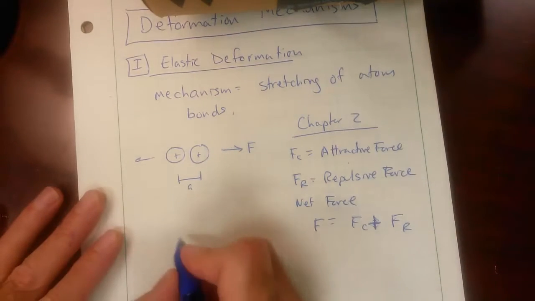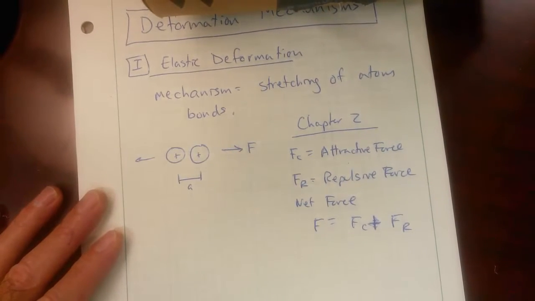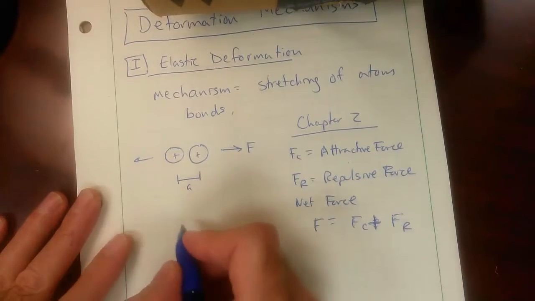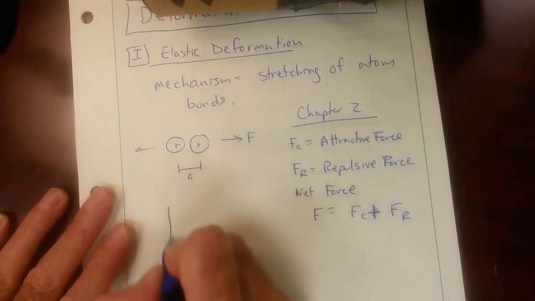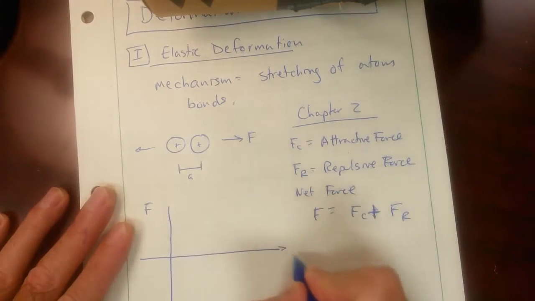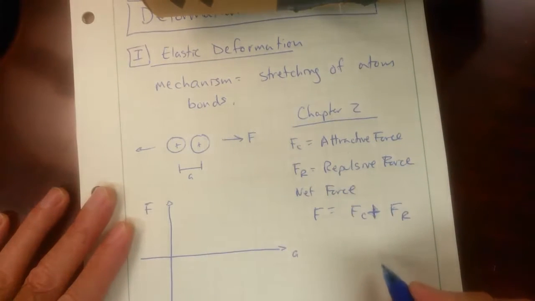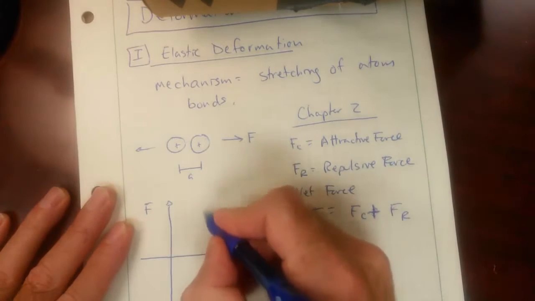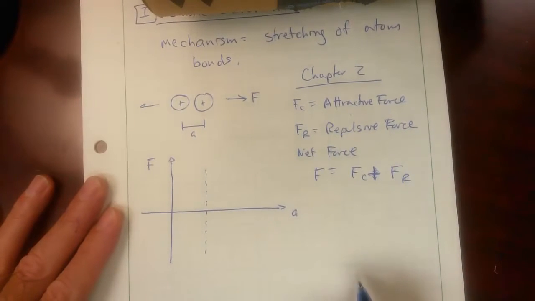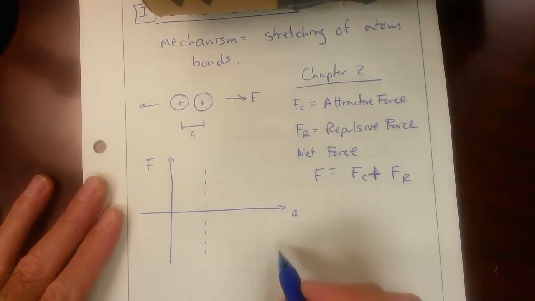In Chapter 2, there was a picture, figure 2.7. That's hard to read, so I'm going to redraw it here. Force versus position A. And I'm going to draw a dotted line about 1/3 of the way out on the A-axis.